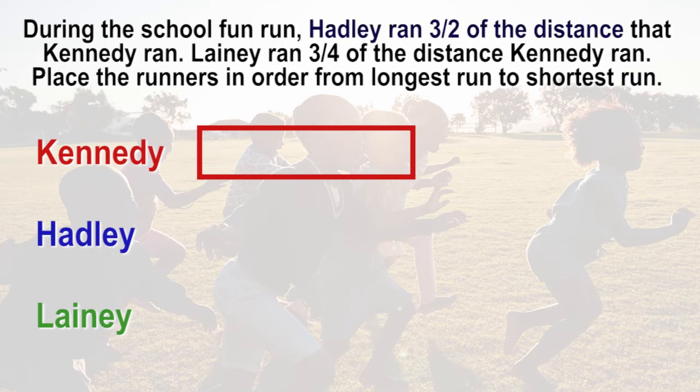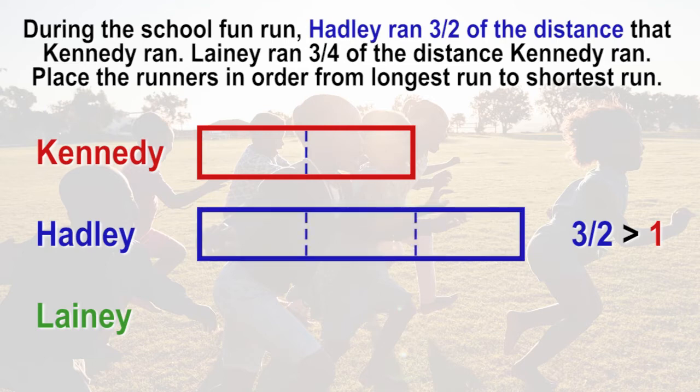We already know Hadley ran a greater distance than Kennedy because she ran 3/2 of the distance, which is a value greater than 1. We can add Hadley's distance to our chart by dividing Kennedy's distance in half and showing 3 1/2 pieces. Hadley's distance is represented in blue.